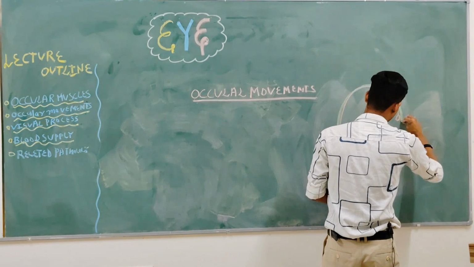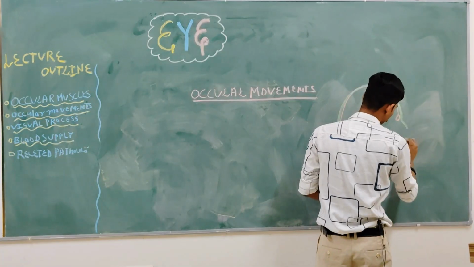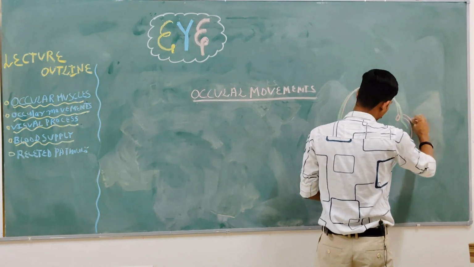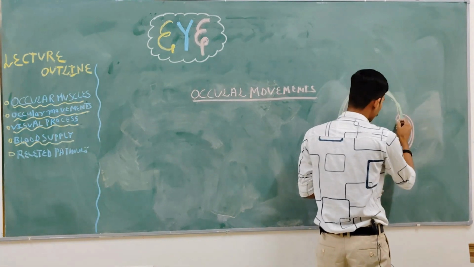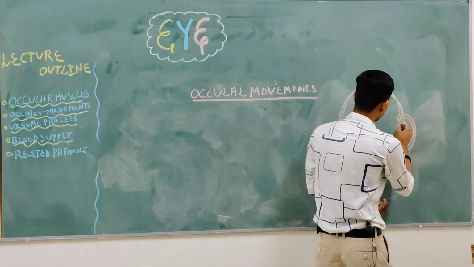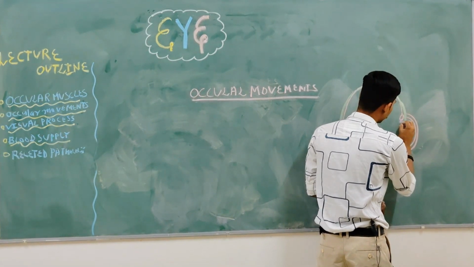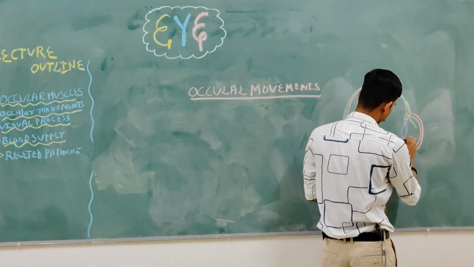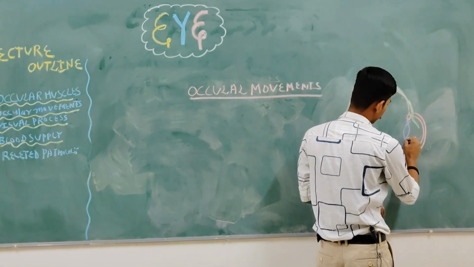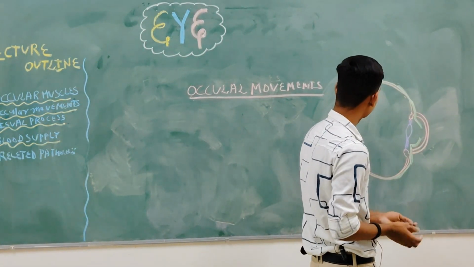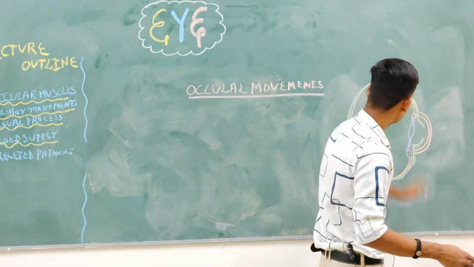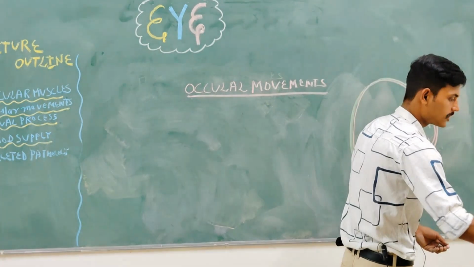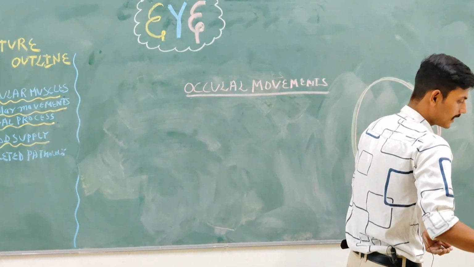These are the iris, the pupil, the cornea, and they are held by the suspensory ligament. Clear? No problem? Are you able to identify the structures? Okay. So the muscles present in the eye are arranged like this.